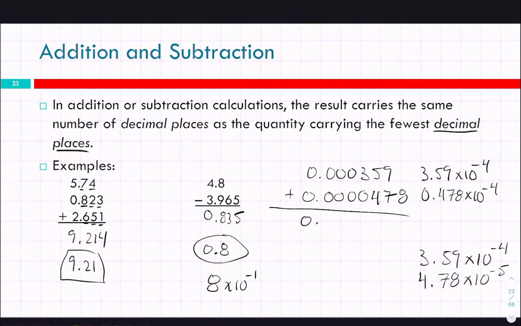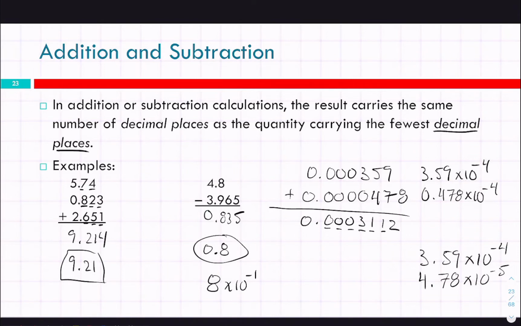So this would be 0.000, I can't do that in my head. 3, 1, 1, 2. We're only keeping 6 decimal places here. 5, 6.